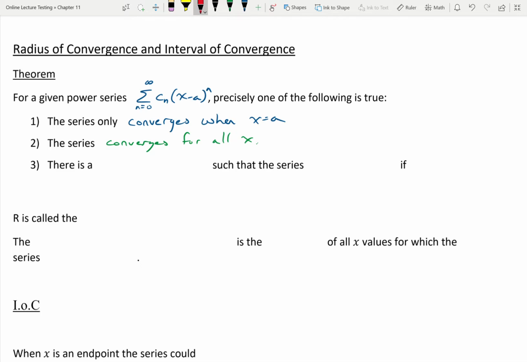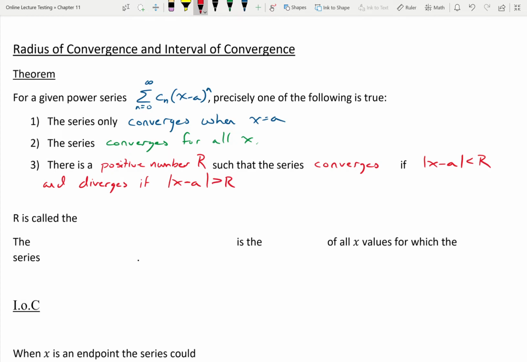There is a positive number r such that the series converges if x minus a is less than r and diverges if x minus a is greater than r.